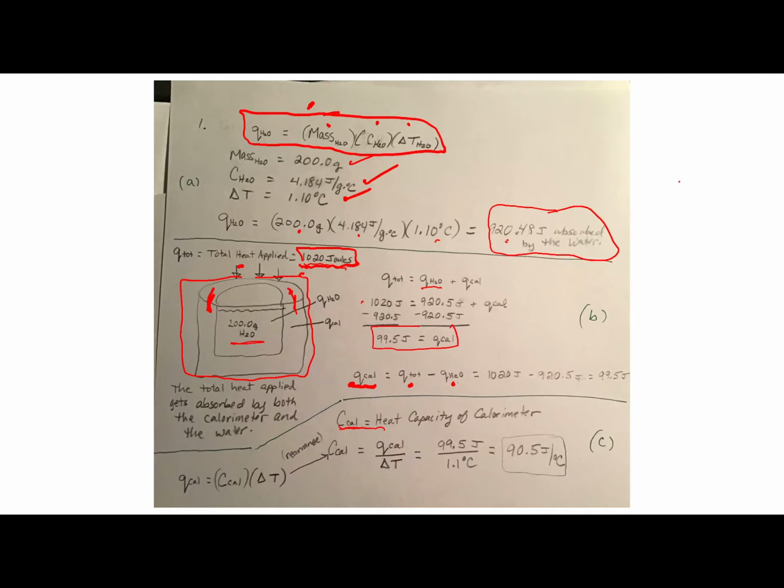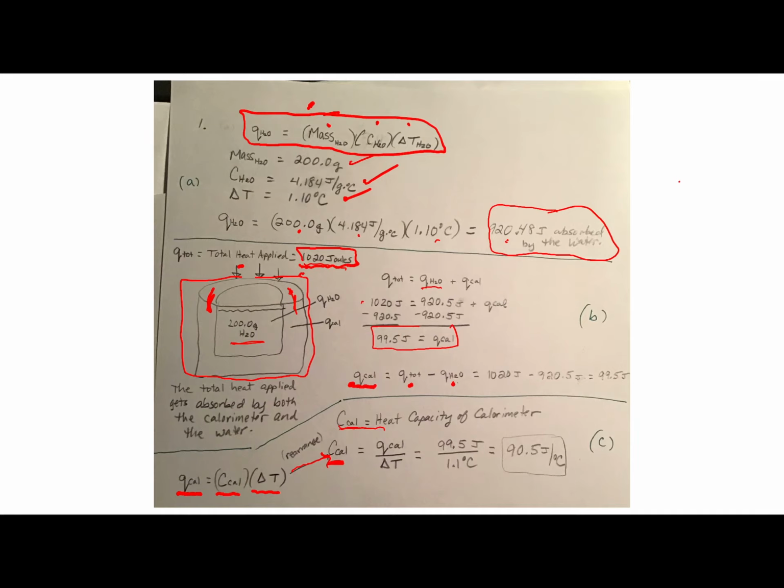There's an equation in calorimetry to find the heat capacity of a calorimeter. The equation is that the heat of the calorimeter is equivalent to the heat capacity times the change in temperature. I've rearranged that equation so that we're solving for the heat capacity of the calorimeter.